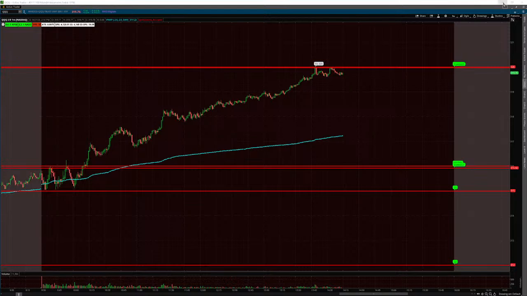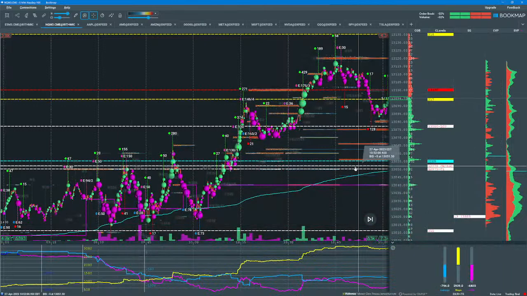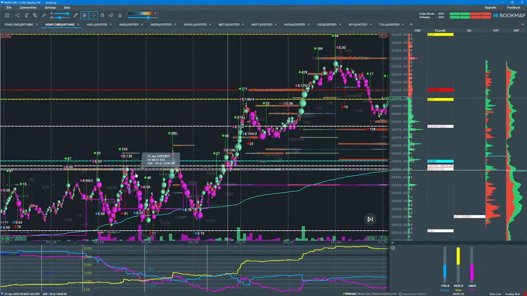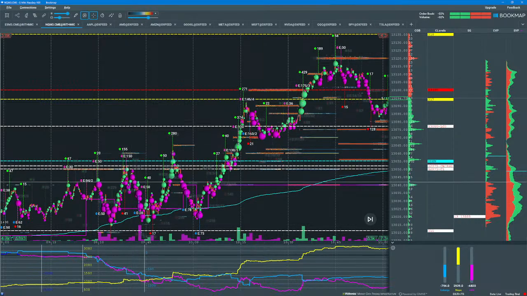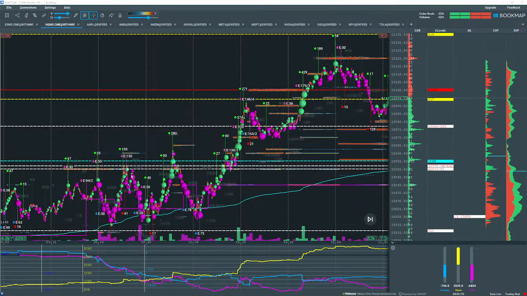Let's go back and take a look at Bookmap. So price breaks above this level. It acted as resistance here. VWAP acted as support, actually 3 times, with the 315 key gamma strike just below, and then price breaks above the 12,975.